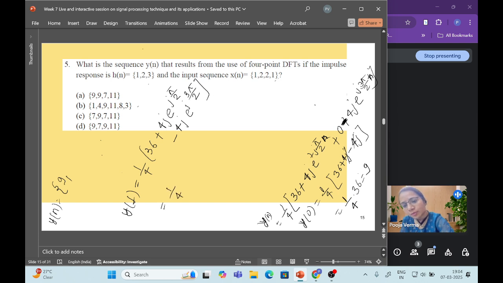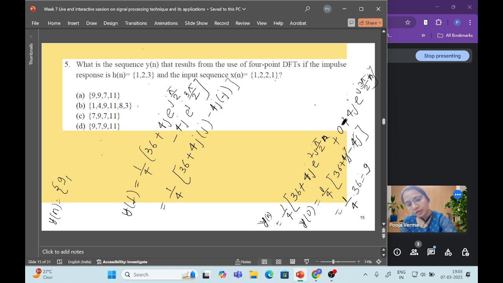So 1 by 4. Further, if you calculate it, you will get plus 4j. This value you will get j, and this value you will get minus j.